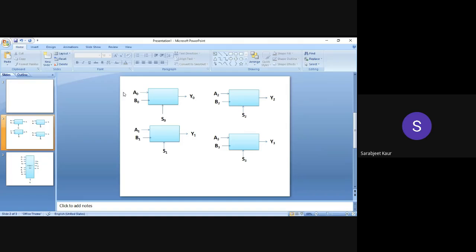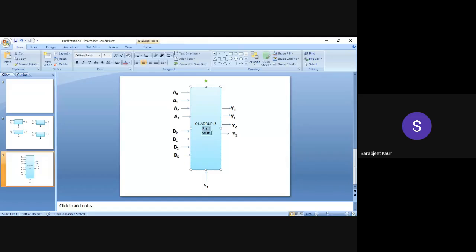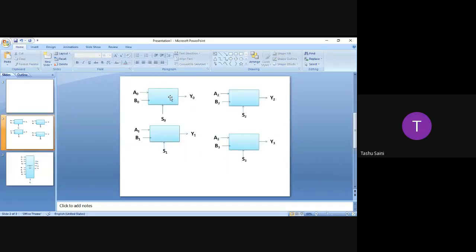Now please see here. What happens when I put S0 equal to 0 in this particular mux? Will somebody help me? What will happen when I put S0 equal to 0 in this first mux?